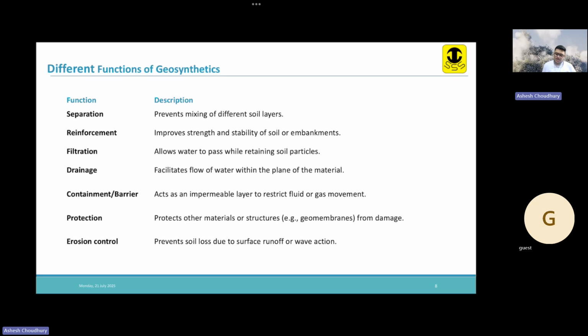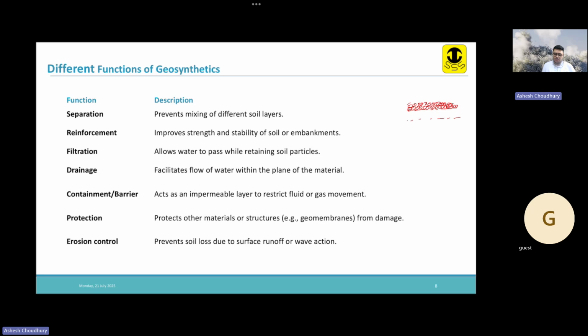Okay, so now say you have a soil subgrade. Over that you are placing some chips or boulders layer, some aggregate layer.